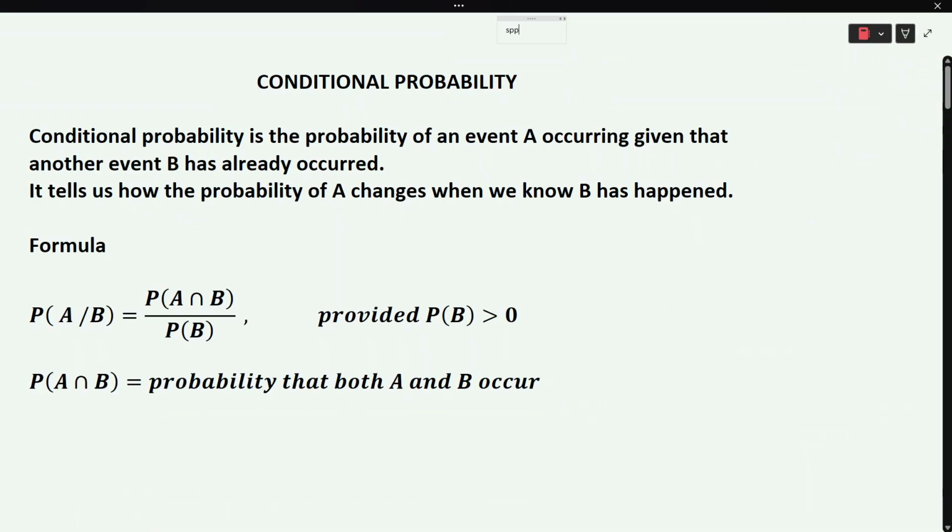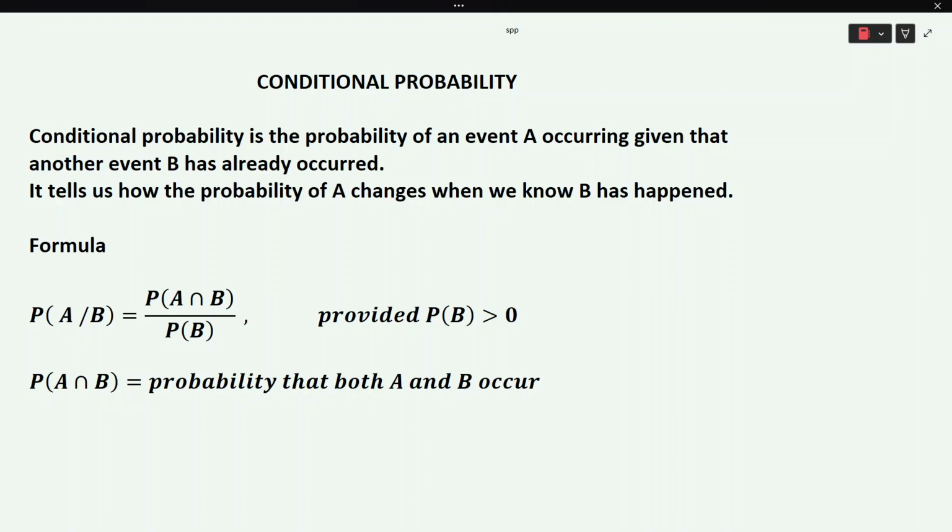So the formula for finding the conditional probability of A given that B has occurred is the probability of A intersection B divided by the probability of B, provided that the probability of B is greater than 0.